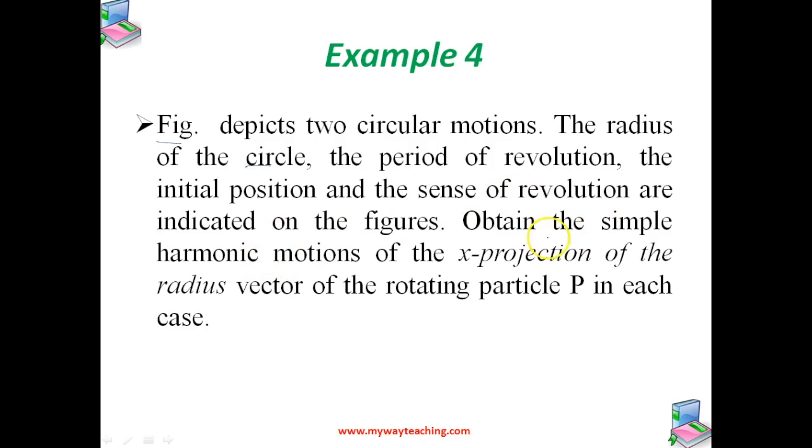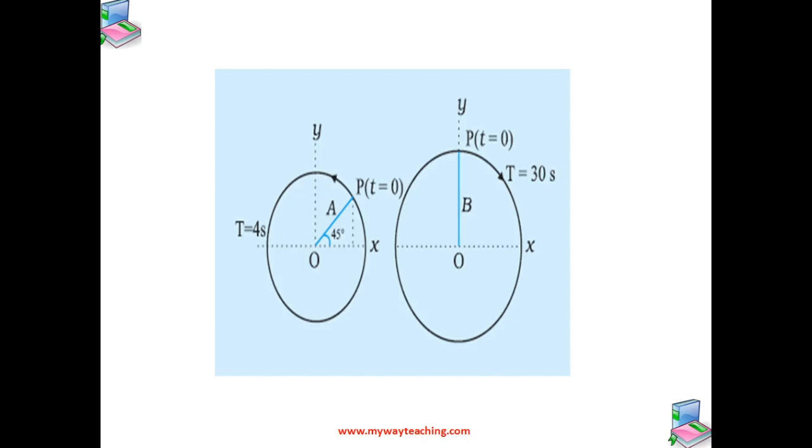Now we should obtain the simple harmonic motions of the x projection of the radius vector of the rotating particle P in each case. The first one is case A and the second one is case B.